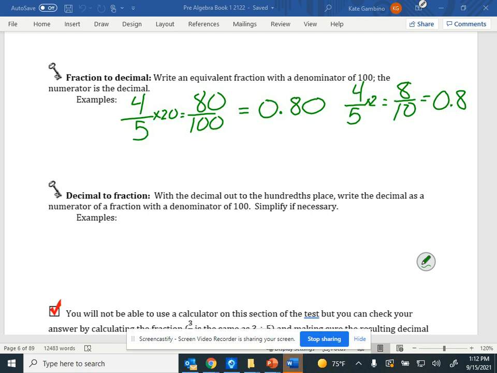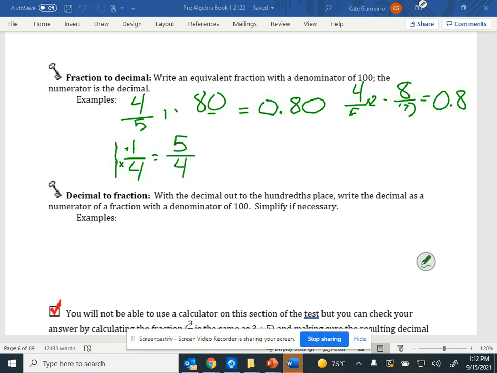We can also look at if we have a mixed number, we have 1 and 1/4. There's different ways we could do that whole number. So we could turn it into an improper fraction. So multiplying the denominator times that whole number plus the numerator. So 4 times 1 is 4, plus 1 is 5.